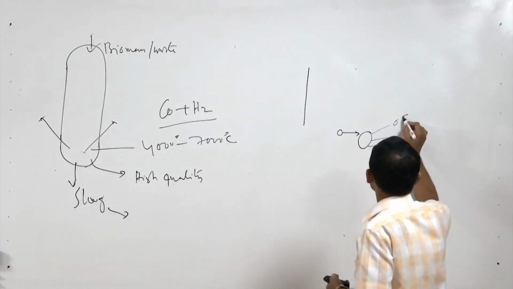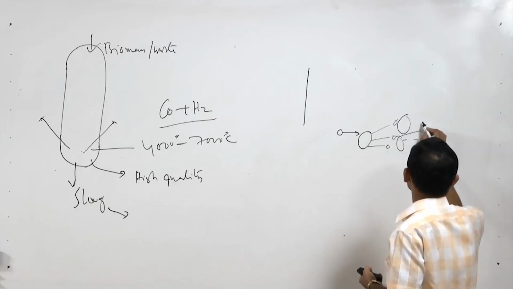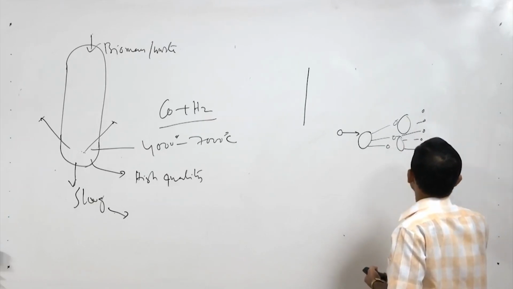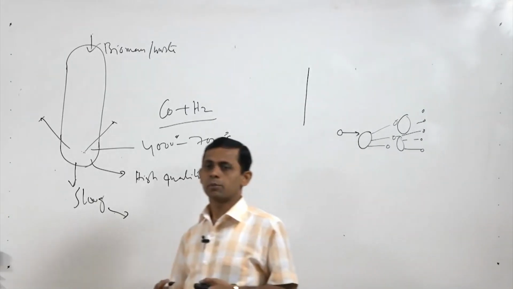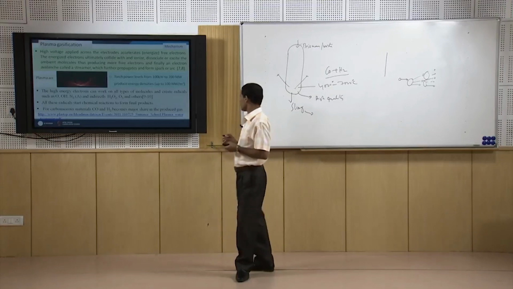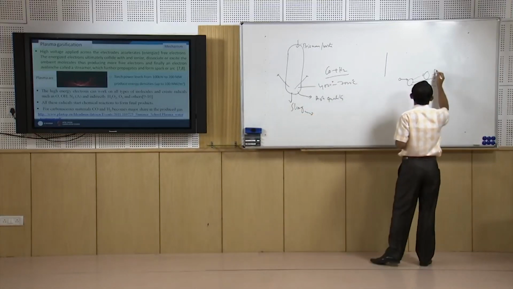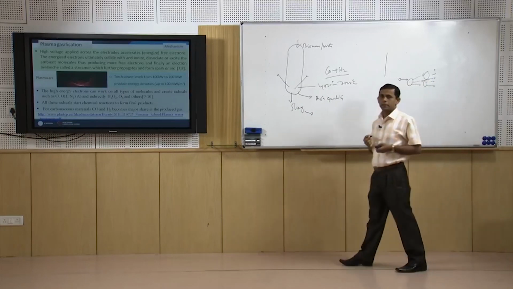When these collide with other molecules, again they give further electrons. So, the number of electrons will gradually increase, and that will create an avalanche or streamer of electrons.